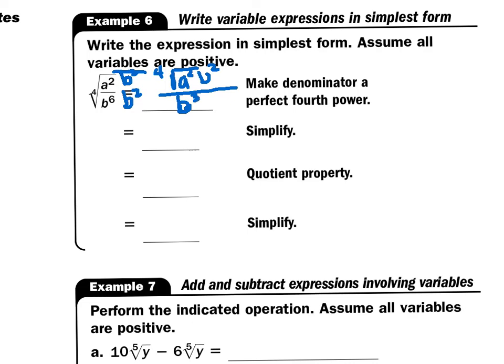Now, did I do that right? The fourth root of b to the 8th is b squared, not 12.